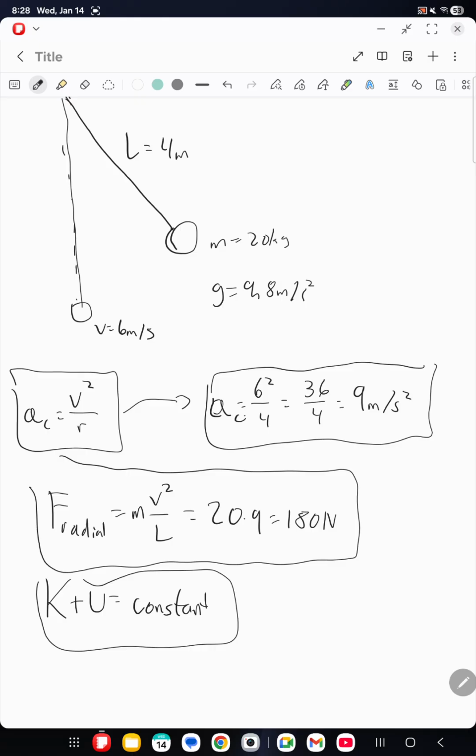In reality, the acceleration at the lowest point is literally the centripetal acceleration, just like we solved here.